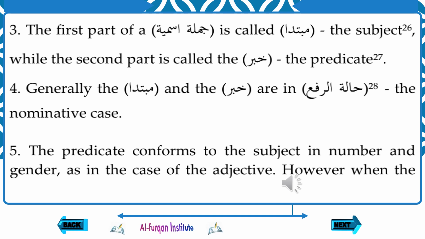The predicate conforms to the subject in number and gender, as in the case of the adjective. However, when the subject is jam'u ghayr al-aqil, the plural of a non-intelligent being, the predicate is generally singular feminine.